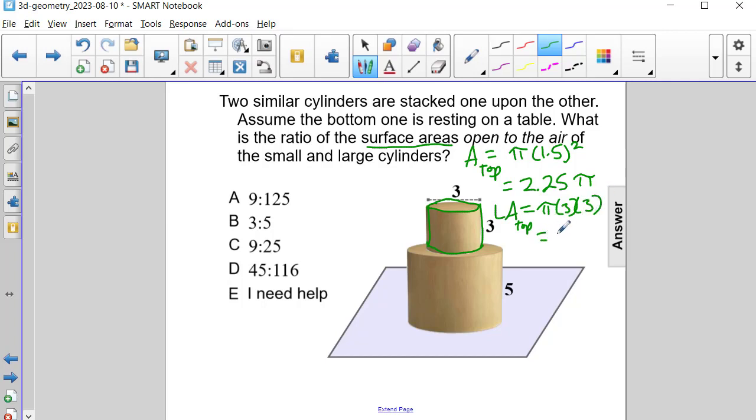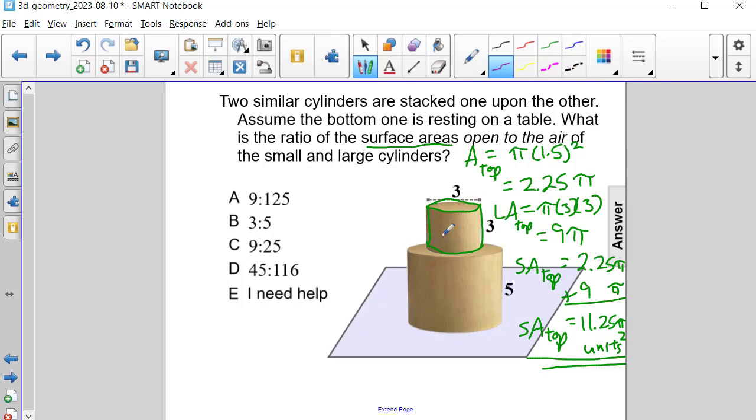When we multiply them together, we end up getting 9 pi. So therefore, the entire surface area of the top is going to be 2 25/100 pi plus 9 pi. So we get the total surface area for the top is equal to 11 25/100 pi square units.